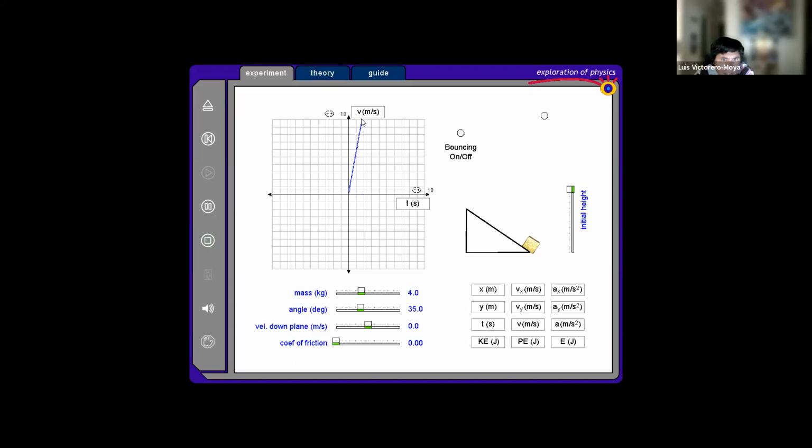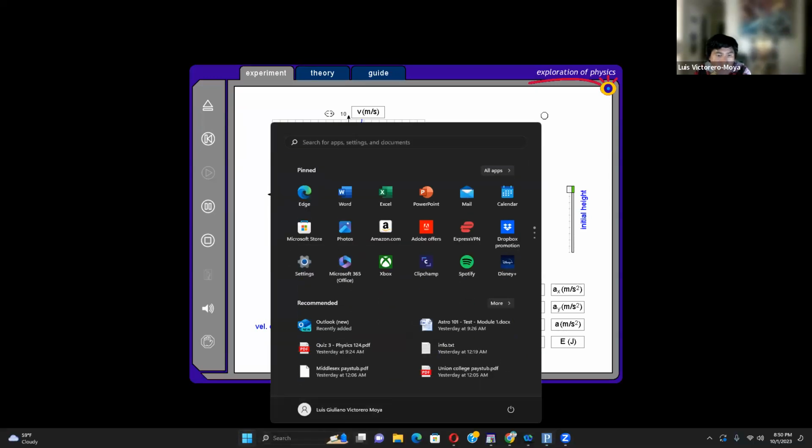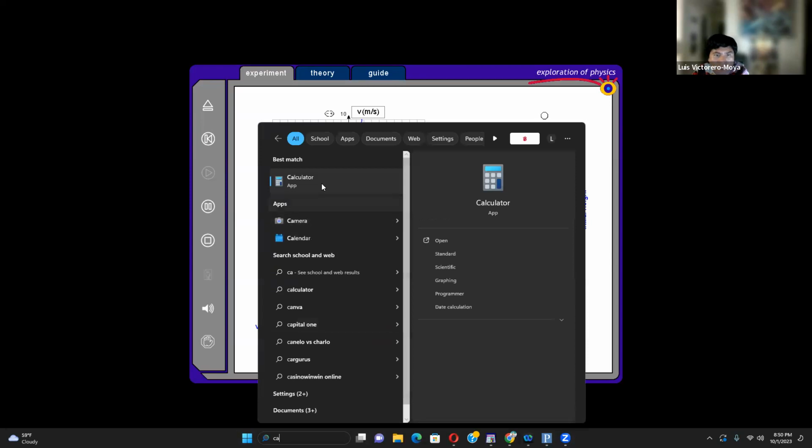Each division here will be 2 seconds, and each one here will be 1 meter per second. So 10 meters per second is reached at about 1.8 seconds. You just divide 10 by 1.8, and that's your experimental acceleration.